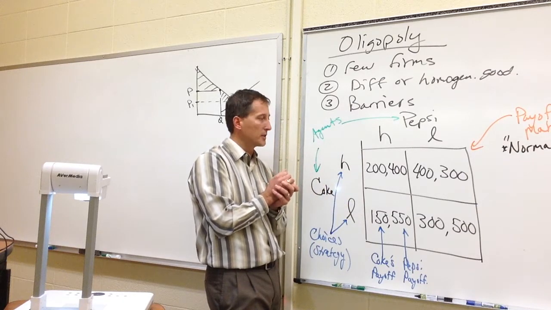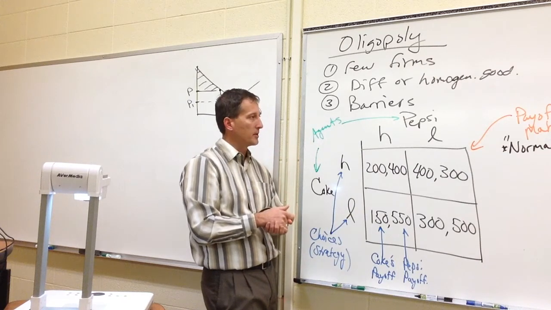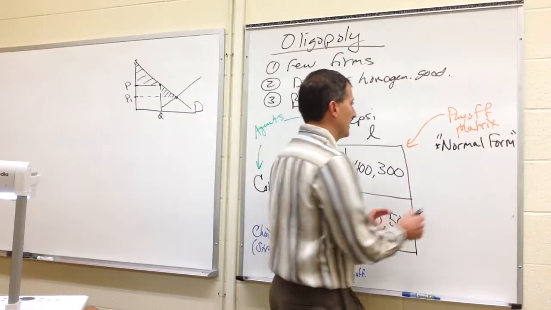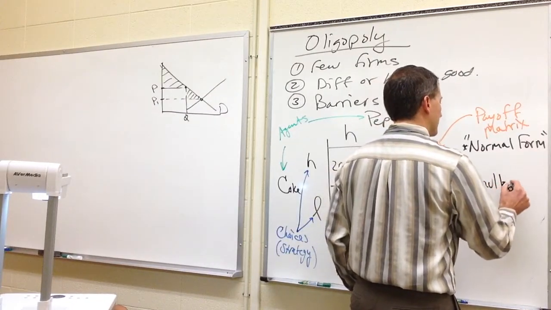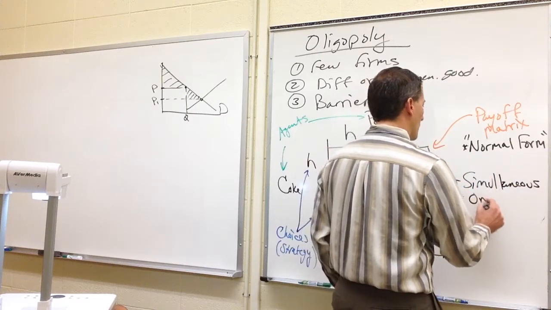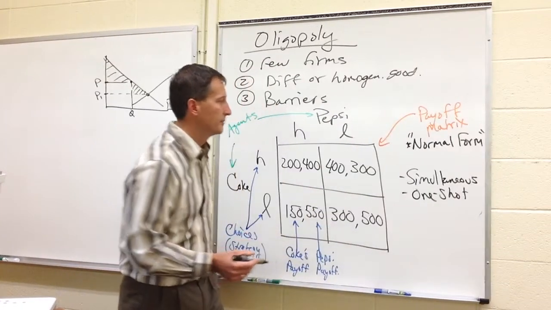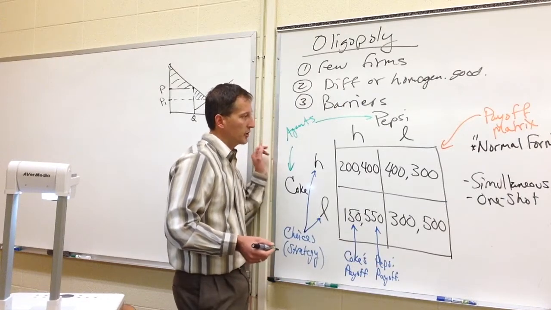All those things could be factored in, and we will factor them into games. So let's say that this is a simultaneous one-shot game. Both are going to choose at the same time. One shot, in other words, it's not repeated.